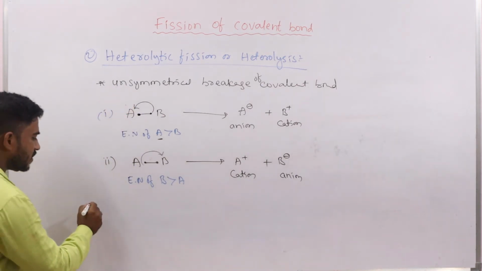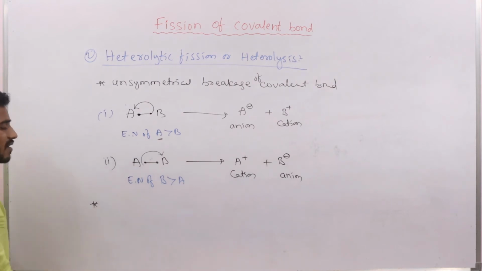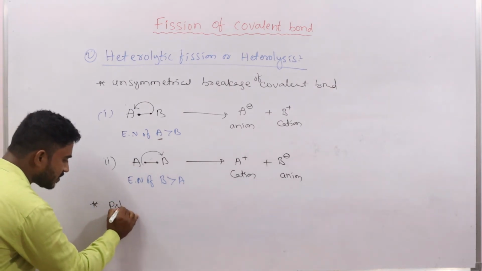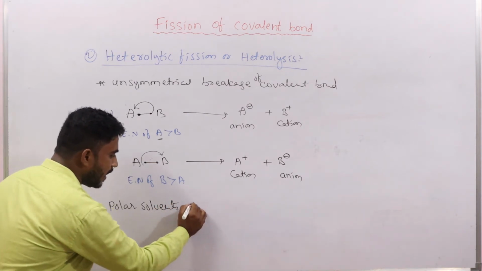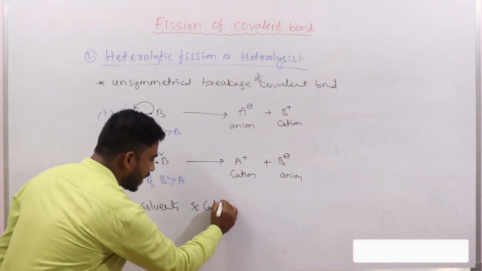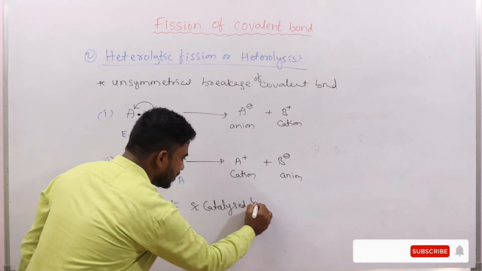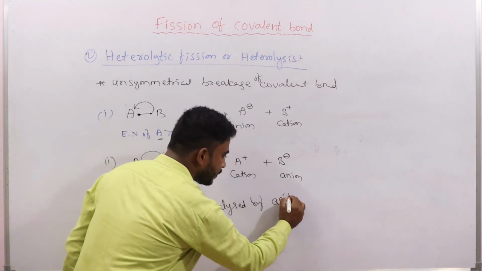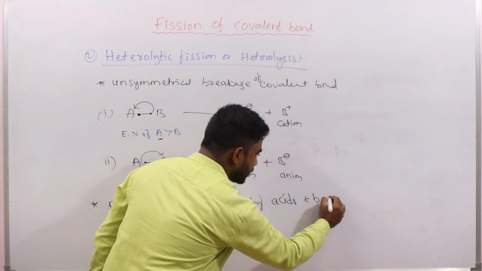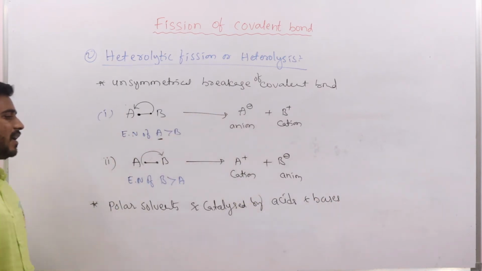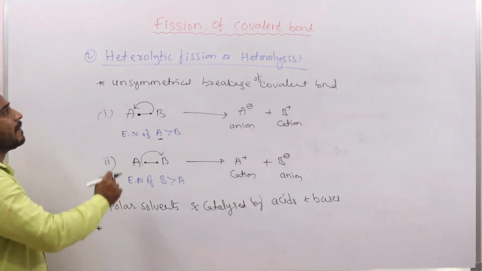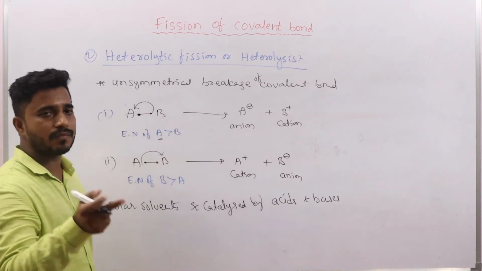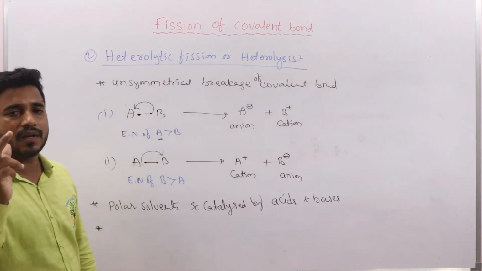This heterolytic fission takes place in the presence of polar solvents, majorly, and is catalyzed by acids and bases. Here is one more point: the energy required for heterolytic fission is more compared to homolytic fission.